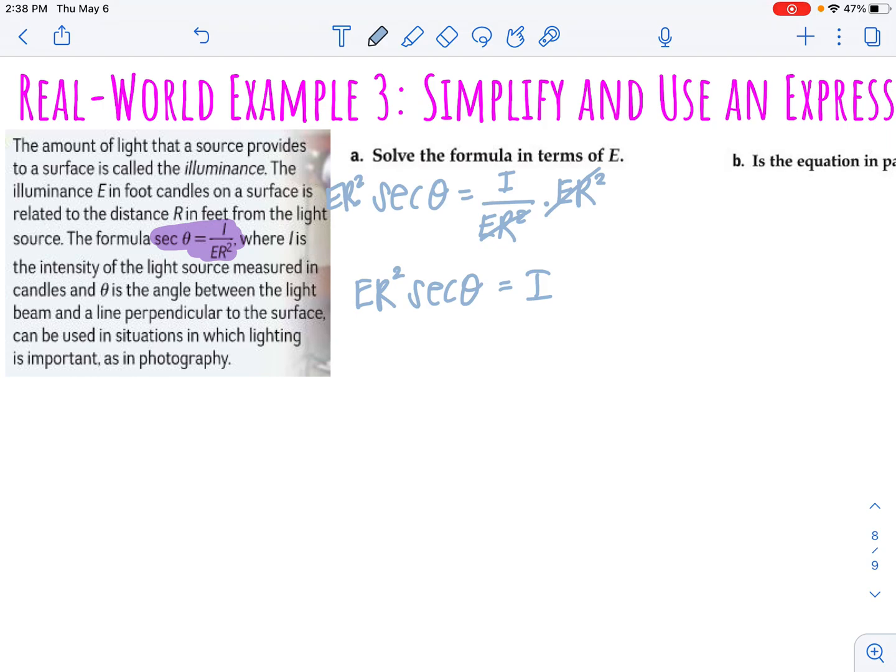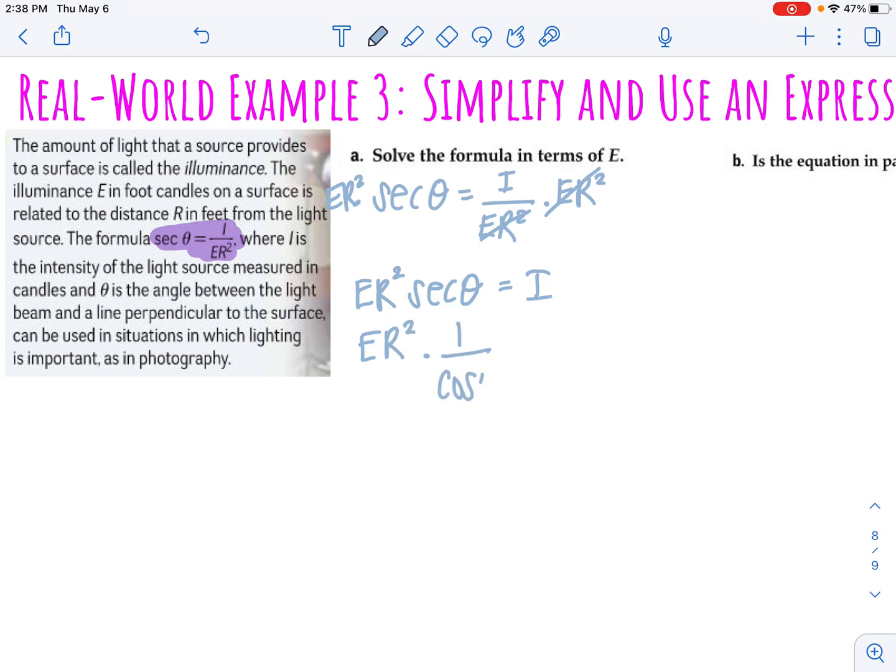Then what we want to do is rewrite secant of theta in terms of cosine, because remember we want things in terms of sine and cosine.